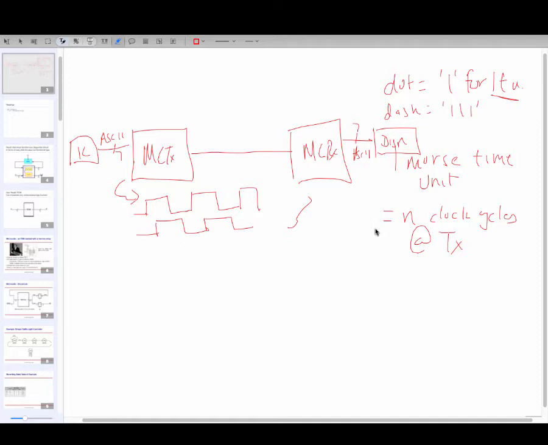On the receive side, one way of thinking about it is that I'm getting these signals and looking for certain patterns. Assuming n equal to 1, that is, a dot is a single clock cycle, a dot is the pattern 0, 1, 0, and a dash is the pattern 0, 1, 1, 1, 0. So I can put a pattern matcher there, and anytime I see a dot or dash I translate it into the coding we used in design homework 2, where dot was 0, 0 and dash was 1, 1, if I recall right.